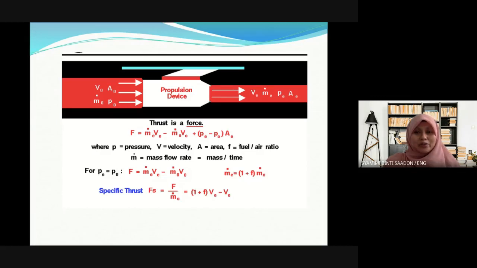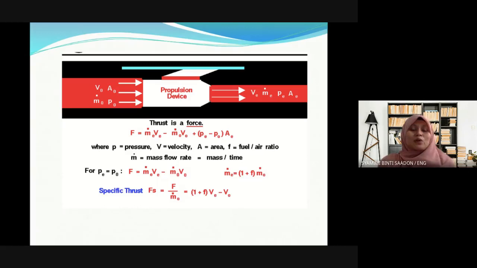Then the combustion process will occur, and at the exit you will have the exit mass flow rate, which is not equal to the initial mass flow rate, because now we have not just the air mass flow rate but also the mass flow rate from the fuel. Then we have the exit pressure, PE, and the exit area. We will look at PE later. In the ideal case, PE equals P naught, the ambient or environment pressure.